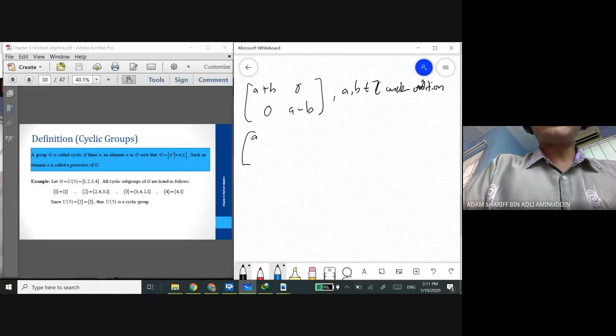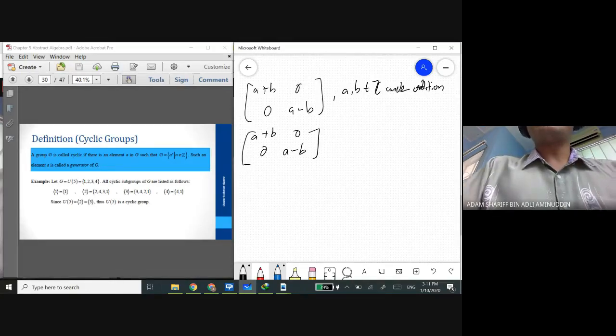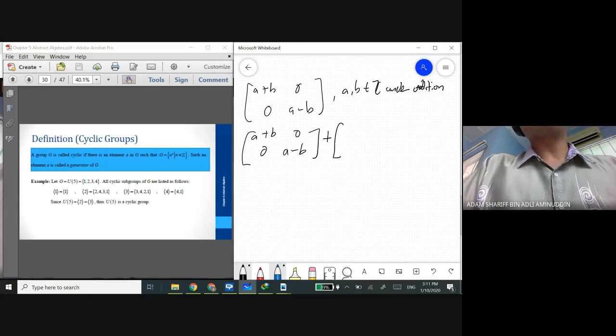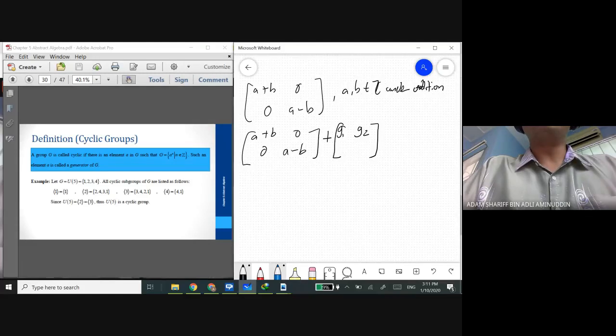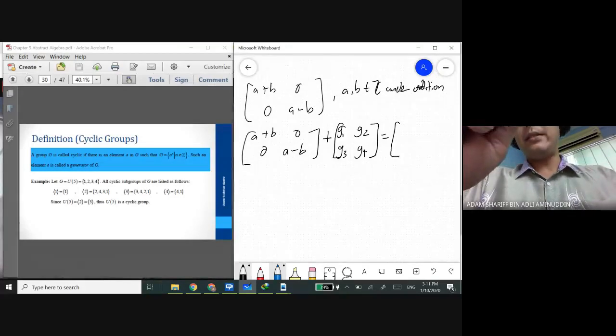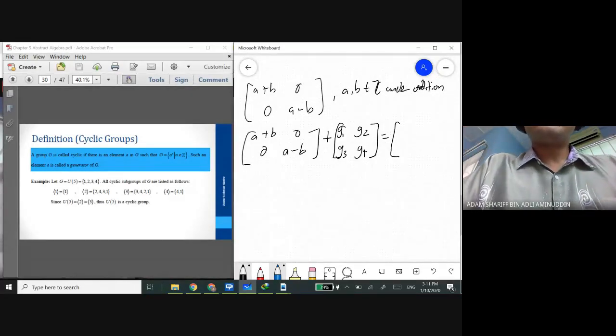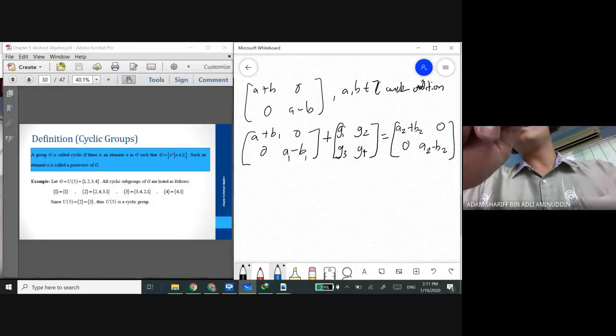Generator means that A plus B, 0, 0, A minus B, you add up with some generator, G1, G2, G3, G4, it will produce a new element A2, B2.